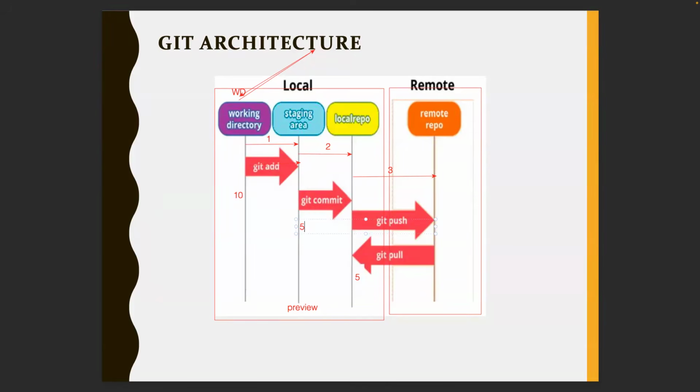Understood, everyone? In a few minutes, we are going to see all of this hands-on in the lab. Practically, I'm going to show you all these things. But just understand theoretically for now.